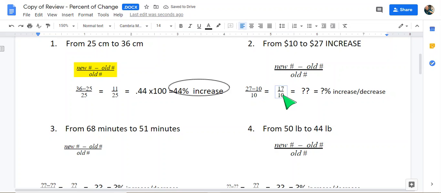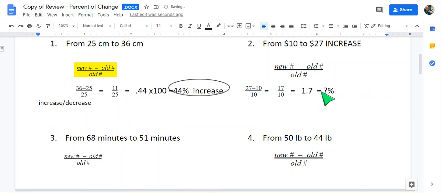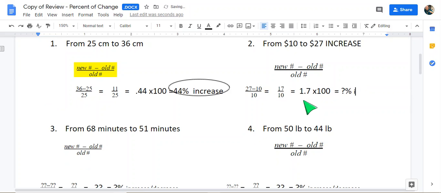Okay, now you can do 17 divided by 10. Okay, 17 divided by 10 is 1.7. I need to change this to a percent by multiplying by 100. And when I do that, I'm going to get 170%.